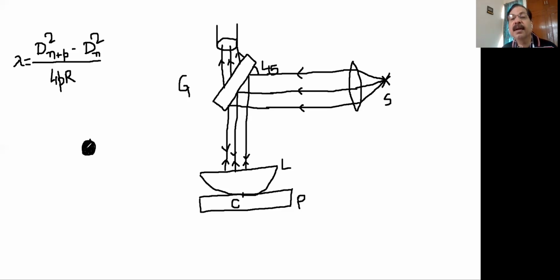Then a bright ring like this, then a dark ring, again a bright ring, again a dark ring, and again a bright ring, again a dark ring.